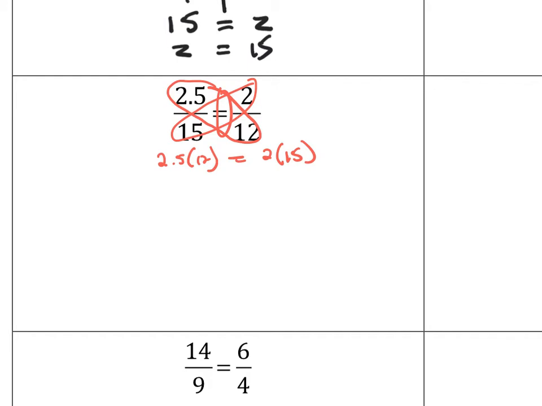So the product of 2 5/10 times 12 would be 30. And the product of 2 times 15 would also be 30. So yes, because these are both the same, these ratios form a proportion.